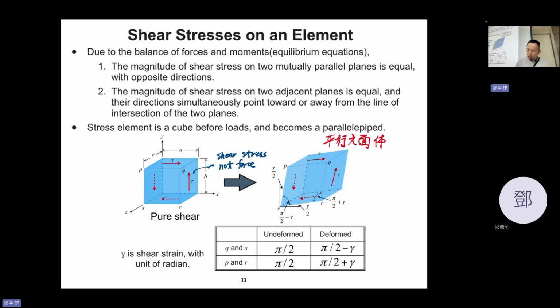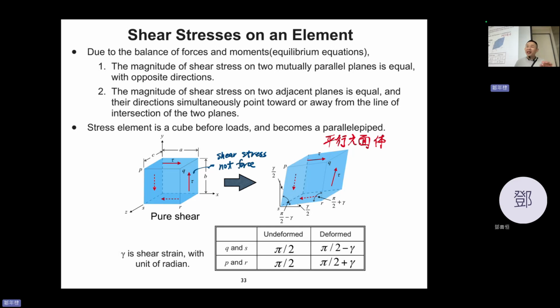The reason why I use pi over 2 rather than 90 degrees is because pi over 2 is radian. Radian is also a ratio. Degree is a human-made unit.